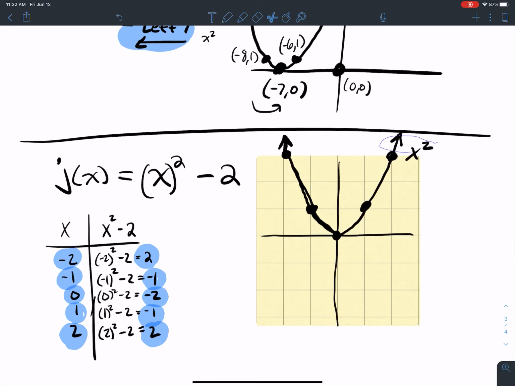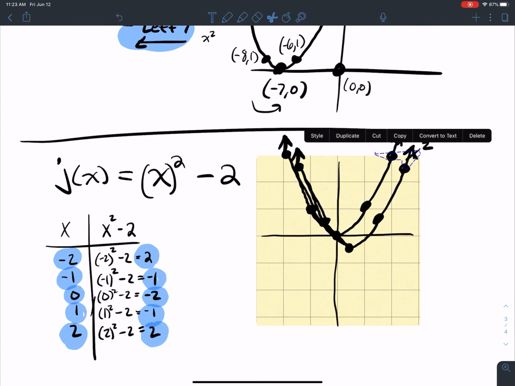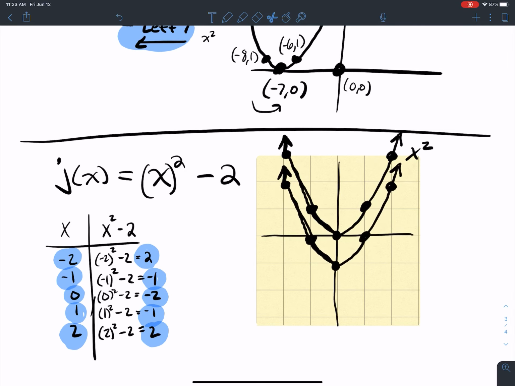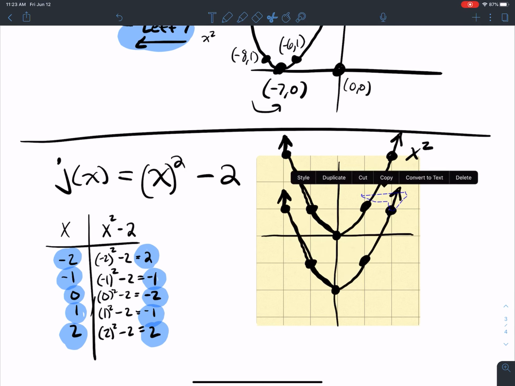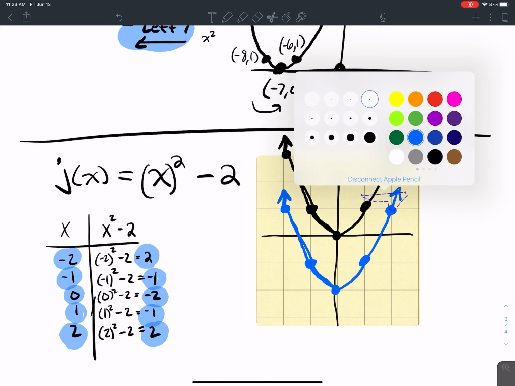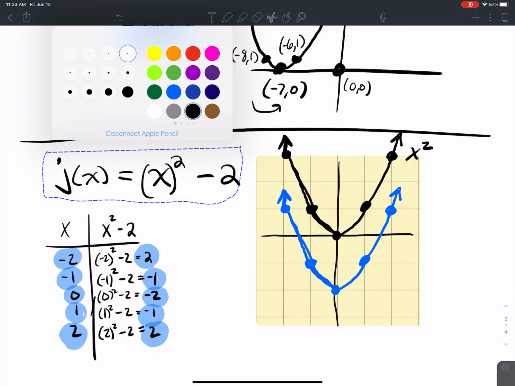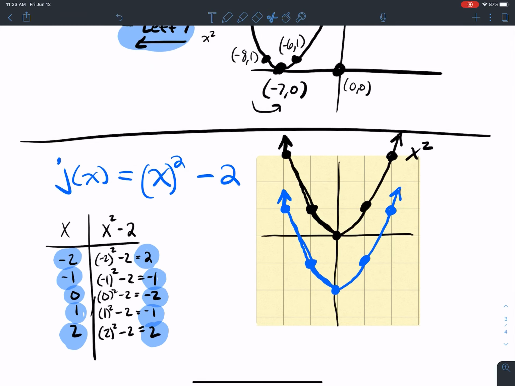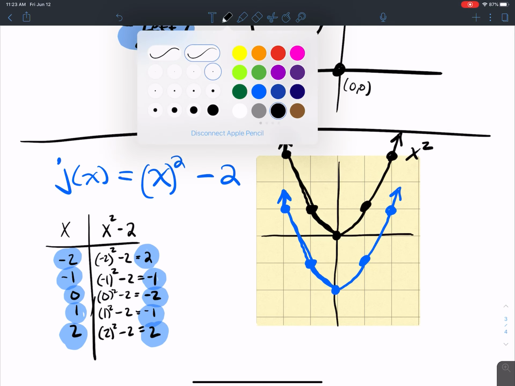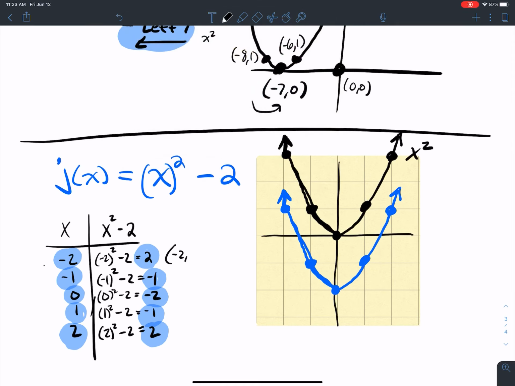I'm literally taking this and I'm shifting it down 1, 2. Okay? It's shifting down 2. Right? So how do I know? Negative 2, comma 2. So negative 2 and then up to 2.